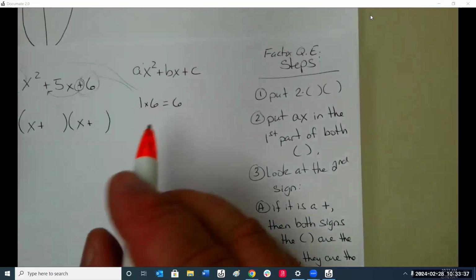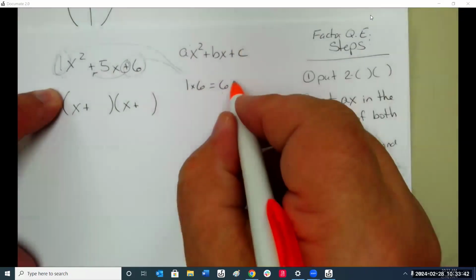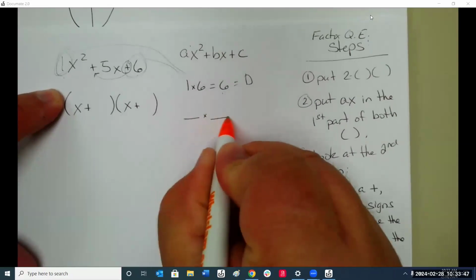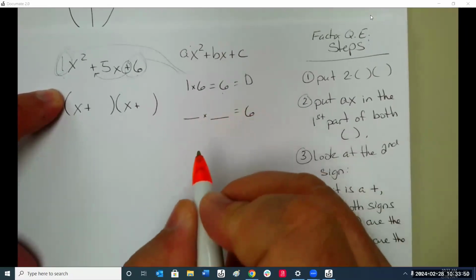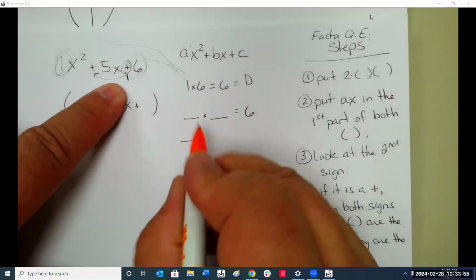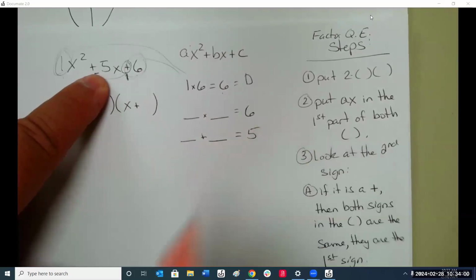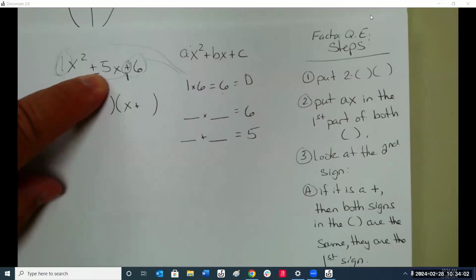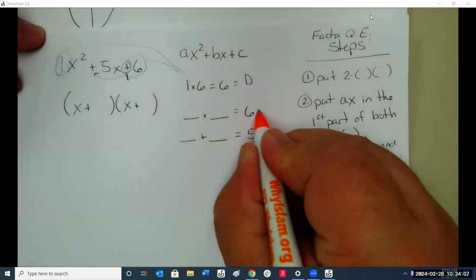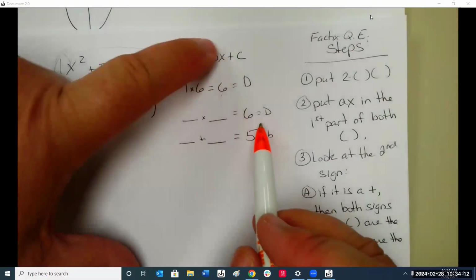So what does that mean? So we did A times C. We got 6. This is our D. What two numbers multiply to equal 6, that when, since the second sign is a plus, we add them, we get that middle number, 5. This is the B term. This is D. So what two numbers multiply to give you 6?